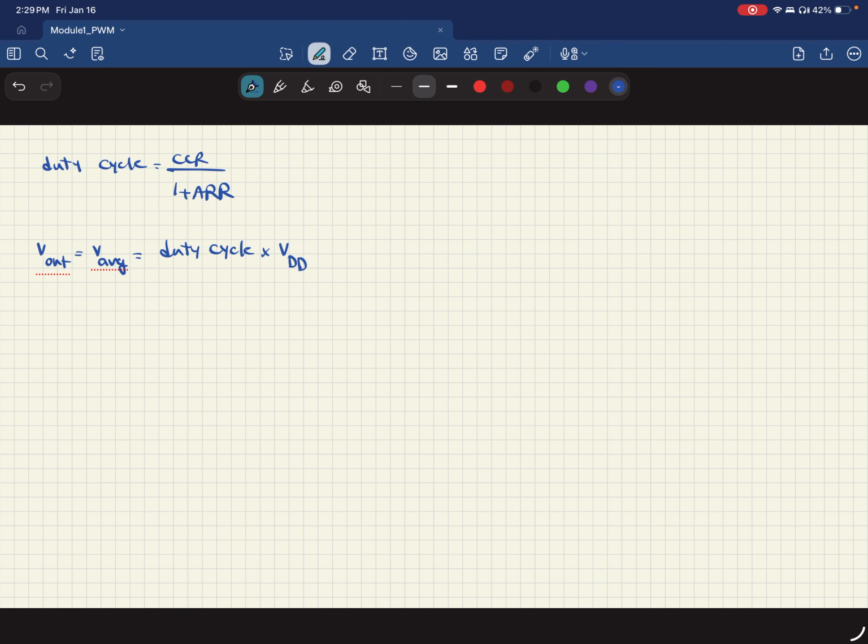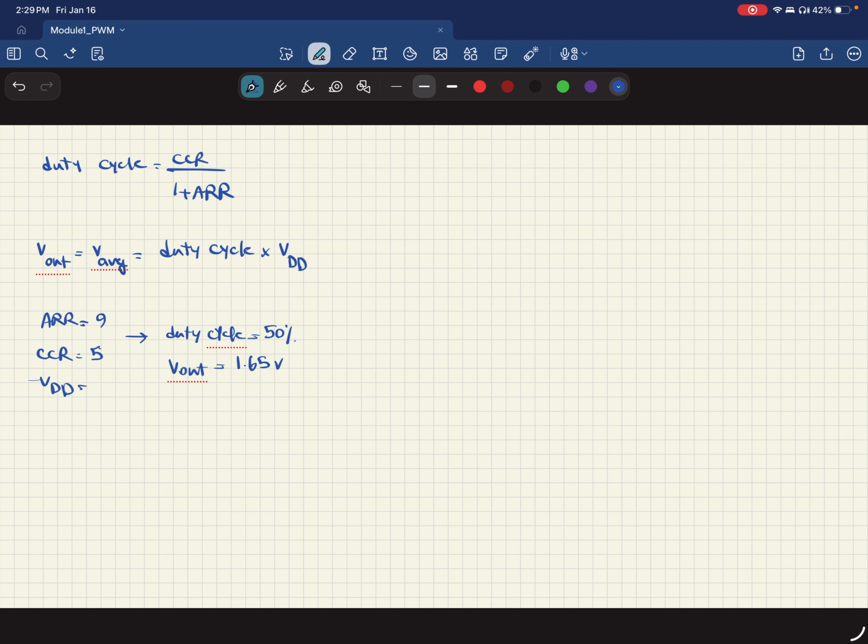So in the case that ARR was 9, right, and then our CCR was 5, the duty cycle was 50%, and the V out would be, let's say, 1.65 volt.